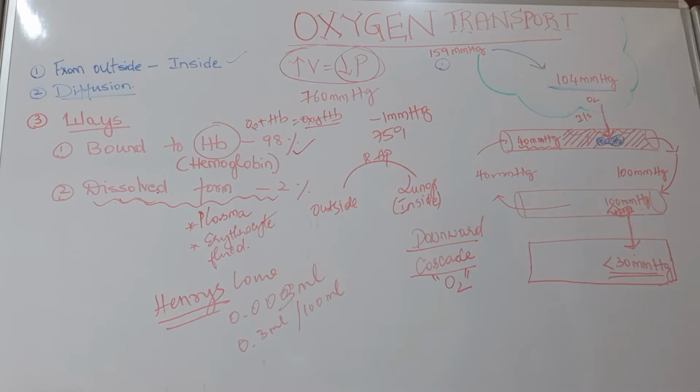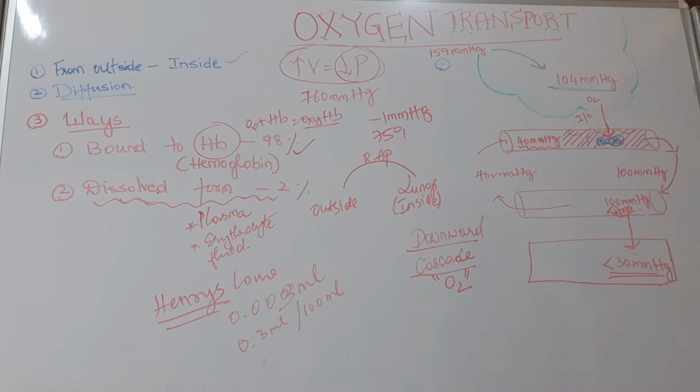That is the reason we do have the hemoglobin molecule. If there was no hemoglobin molecule, then the body of an animal or a human being would have needed an increased quantity of blood, a very huge liters of blood, so that the required amount of the oxygen could have been transported.